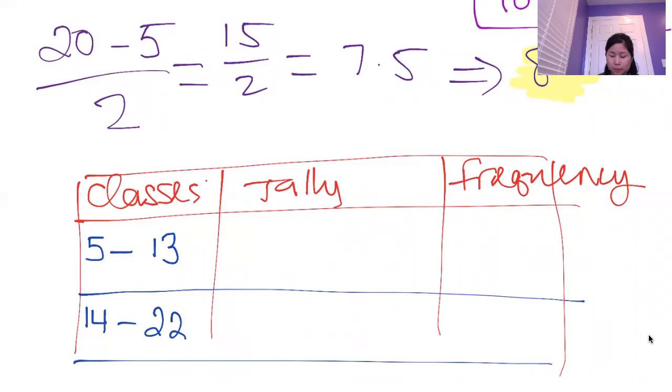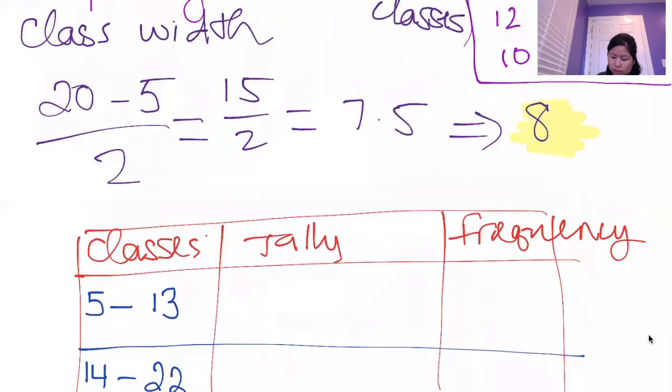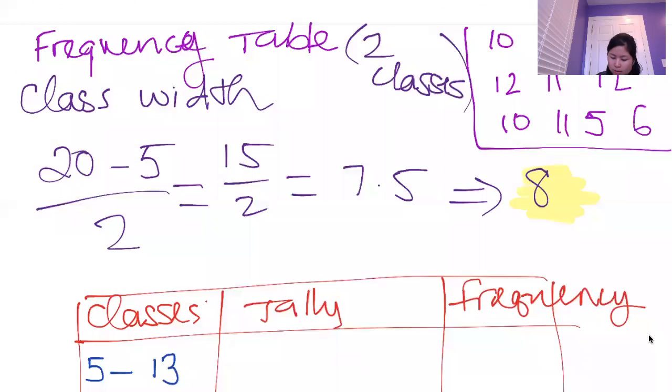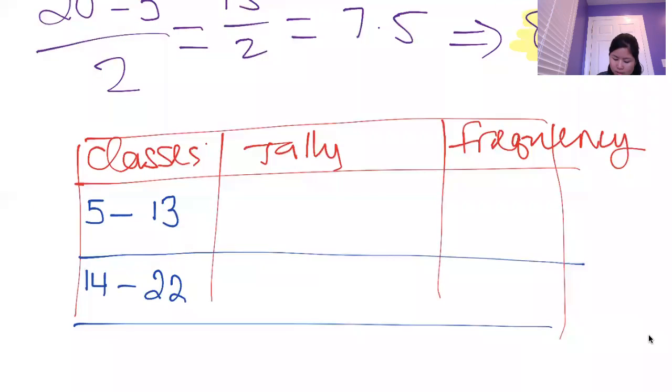So you have 2 classes. What we need to do now is tally them up using the data that's given to us. If I look over here, I'm going to start with 10, cross out 10. 10 is between 5 and 13, so this is 10.